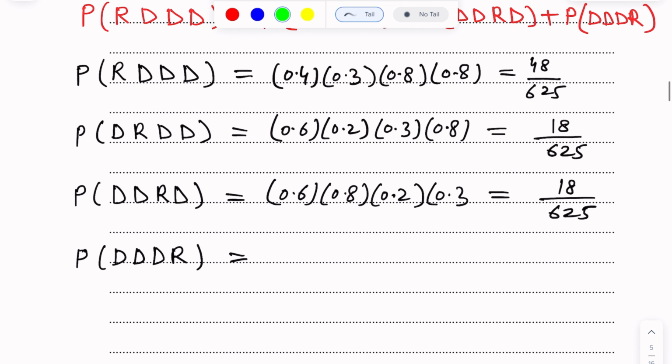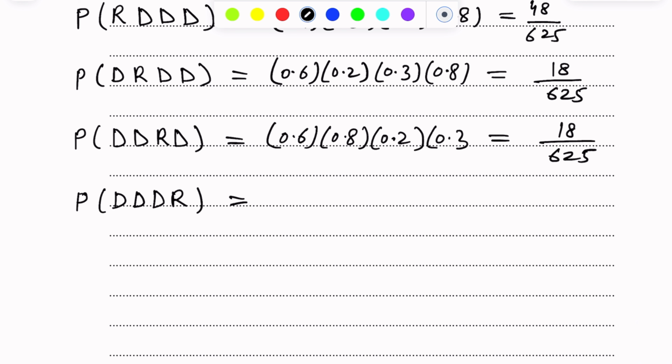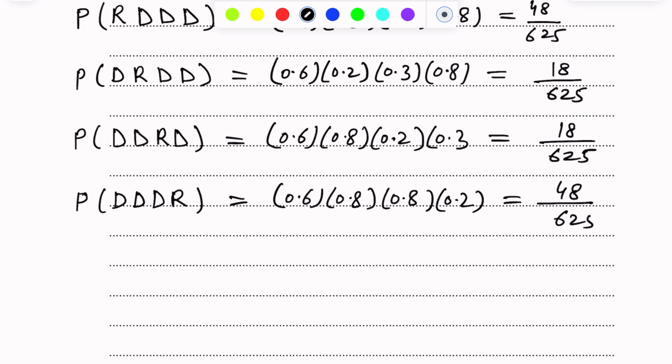So we will write here 0.6 into 0.8 into 0.8 into 0.2. After simplifying, we get 48 over 625.